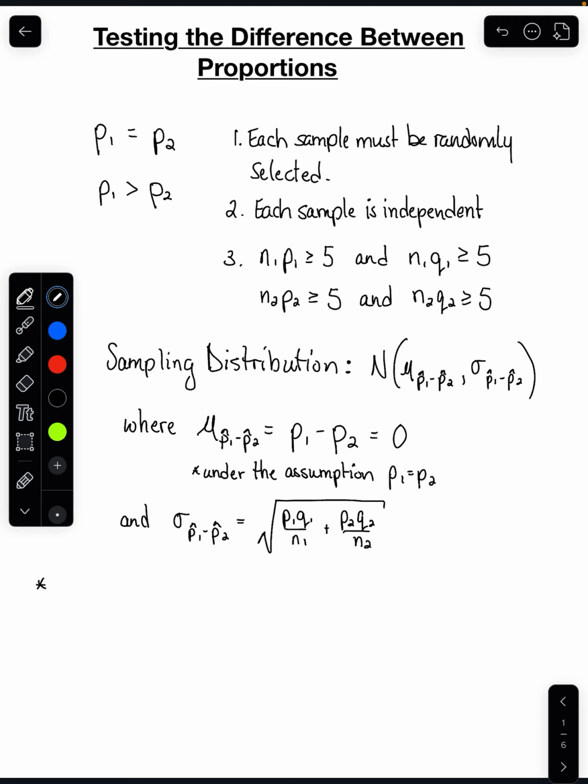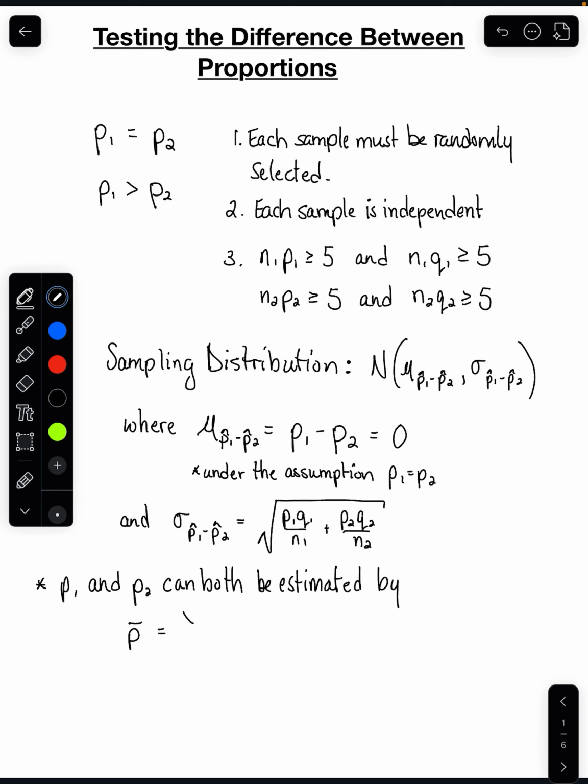So we're going to take one other step here and say that P sub 1 and P sub 2 can both be estimated by P bar.